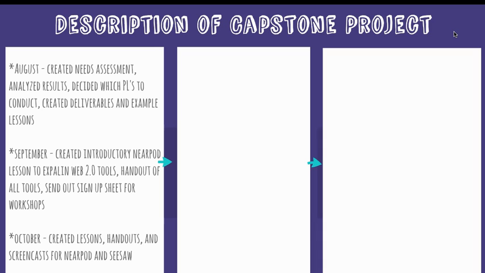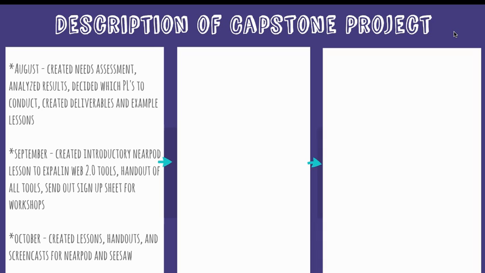I also created a peer-reviewed research cheat sheet to help teachers understand how beneficial using Web 2.0 tools in the classroom can be for students. I then created and sent a sign-up sheet for the specific professional development workshops that I was offering for the year.